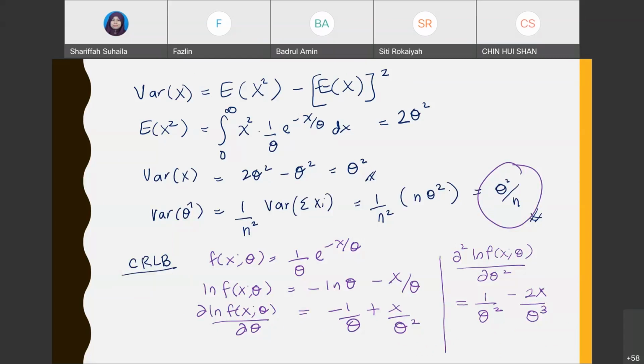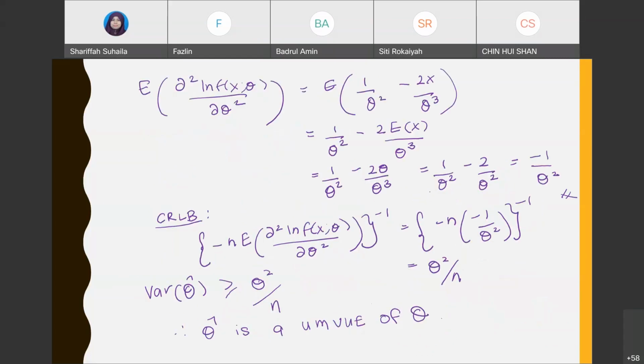Ini single variable ya, f(x). So ambil ln, differentiate second time, then baru dapatkan expected value, tambah negative n kat depan, to the power minus 1. So you get theta square over n. So in this case, this one attains your Cramer-Rao lower bound, so your theta hat is a uniformly minimum variance unbiased estimator.